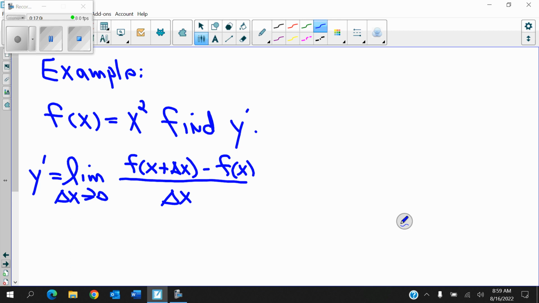Now that delta x in the bottom cannot be 0. So what has to happen? Delta x has to cancel out somewhere along the line. So now it boils down to a lot of algebra. If you know the basic math definition of the slope of a tangent line or the derivative, then you just do algebra. And the trick is this must cancel somewhere. If not, you divide by 0 and that can't happen.